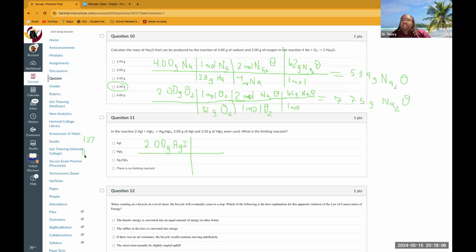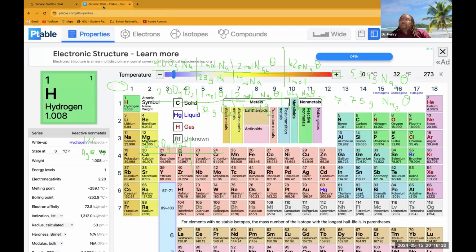So Ag is going to be 107.87. And while we're over there, we're gonna grab mercury as well. So that we can make everything. Okay, so mercury is 200.59.